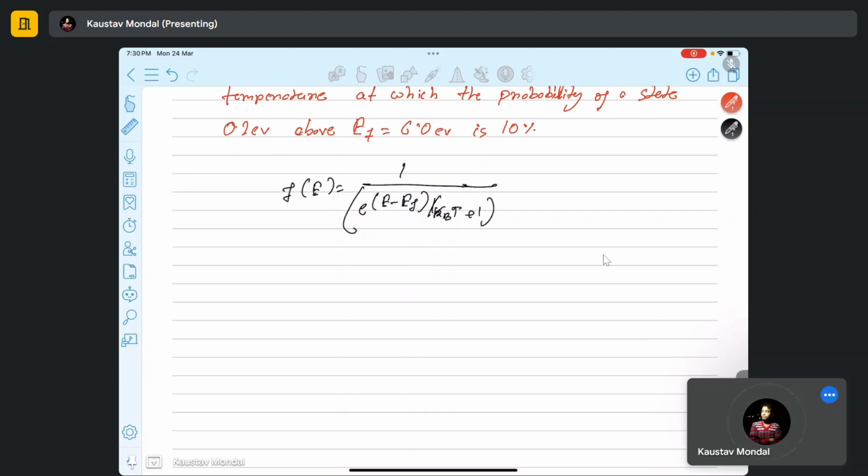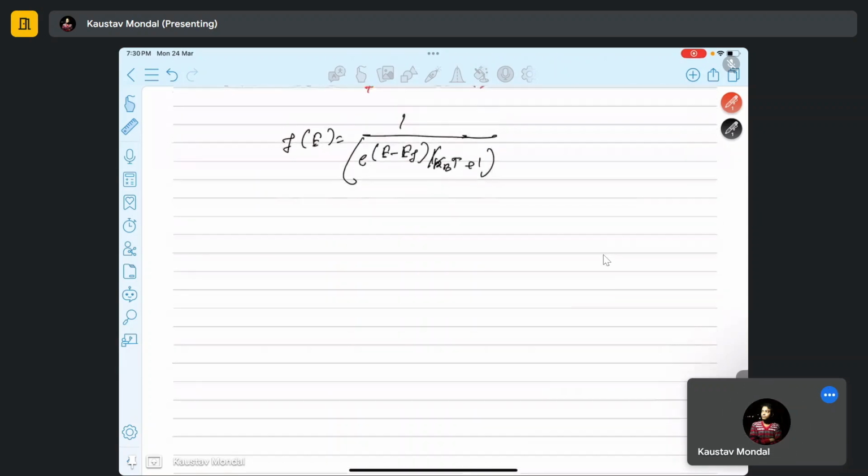Now the probability is given as 10%, which means 0.1, right? If you convert the percentage into probability, 10% is 10 by 100, that gives you 0.1 as the probability.